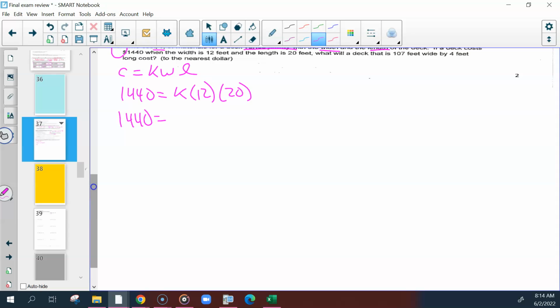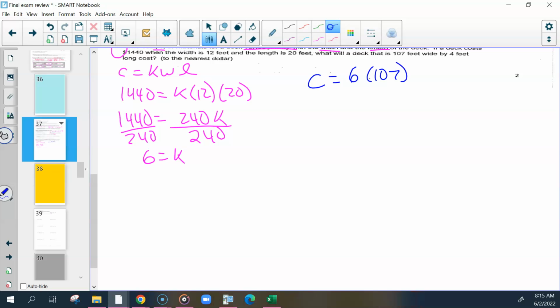So 1440 equals 240K. So we switch the order there. To solve for K, divide both sides by 240 to get 6. Then now that we know that K is 6, we can go back and find what we're looking for, the cost. So C equals, we know our K value is 6, our width is 10.7, and our length is 4.